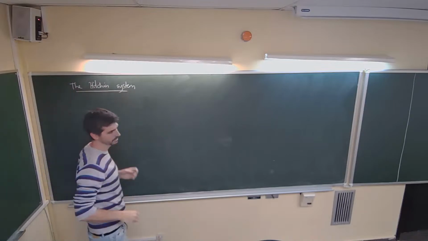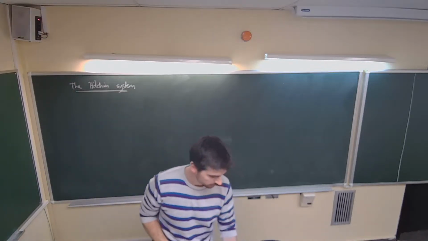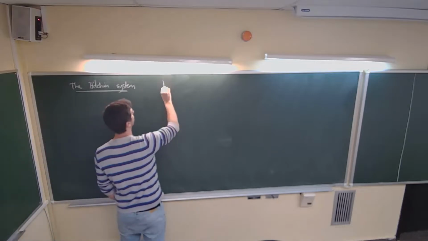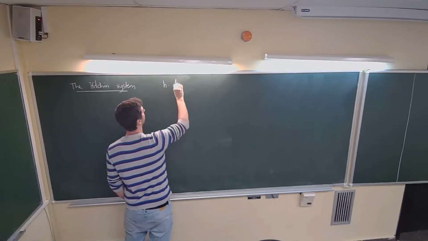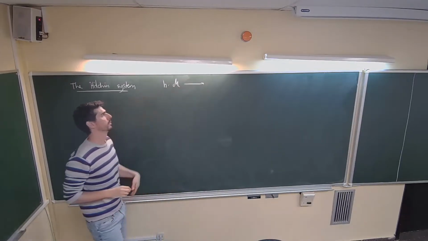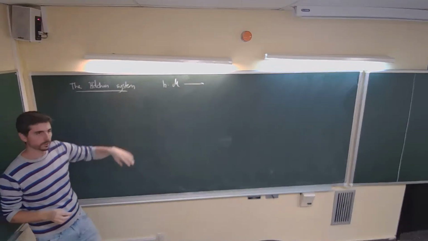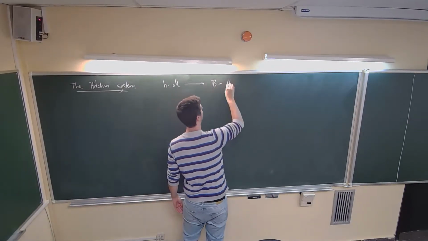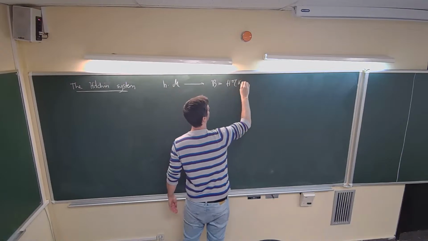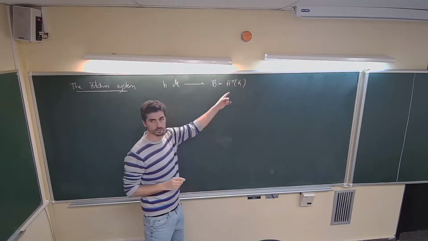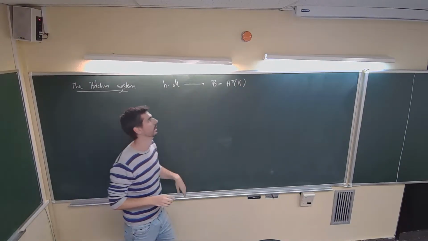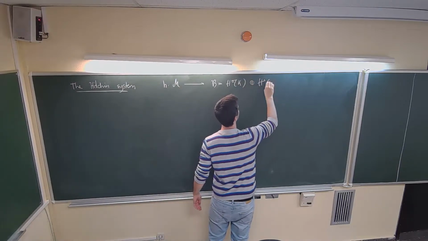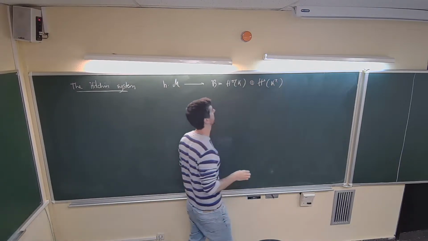So the Hitchin system is the data of a morphism from our moduli space of Higgs bundles of rank 2 to a vector space, which is nothing but the space of sections of my canonical bundle plus the space of sections of the square of my canonical bundle.